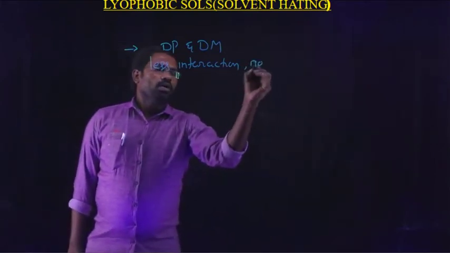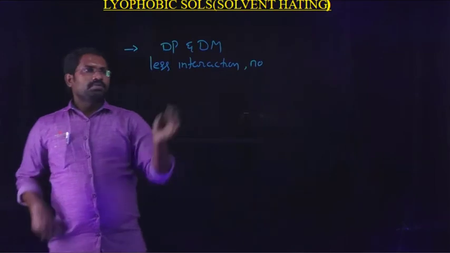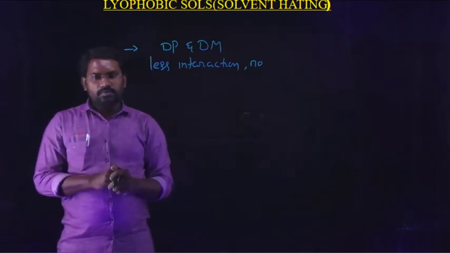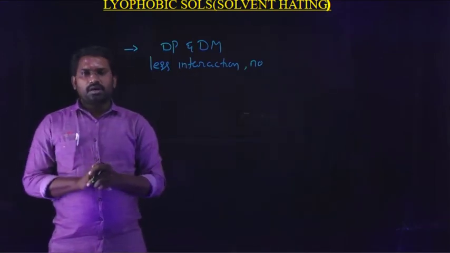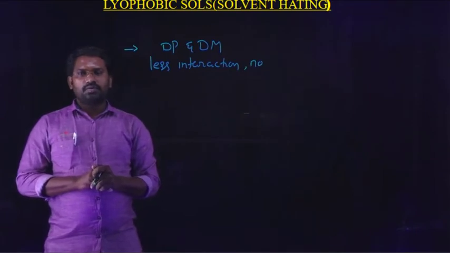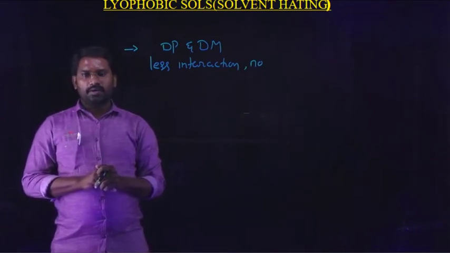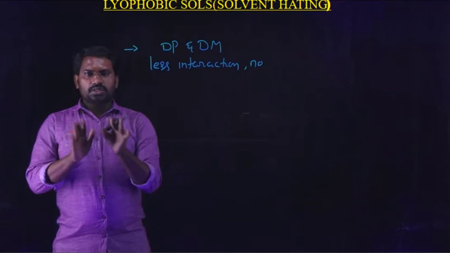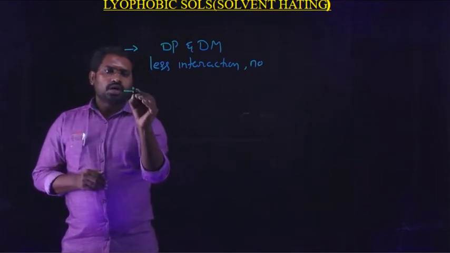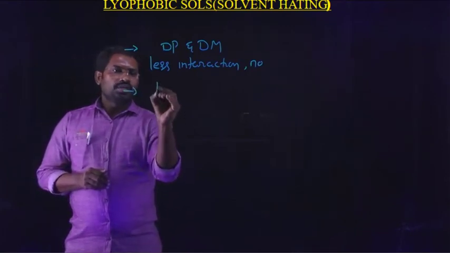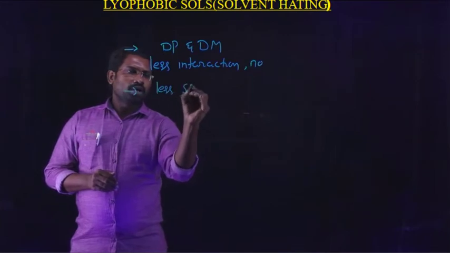or no interaction takes place between the dispersive phase and dispersion medium, such type of colloids are called lyophobic sols or solvent hating sols. Like lyophilic sols, these lyophobic sols are not stable. These are very less stable colloidal solutions.